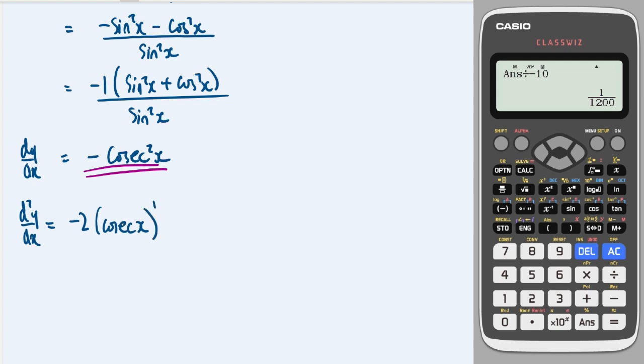But then we have to also multiply by the derivative of the bracket. And the derivative of cosec is -cosec cot. So that's in your formula book. So we're going to end up here with 2 cosec squared x cot x.